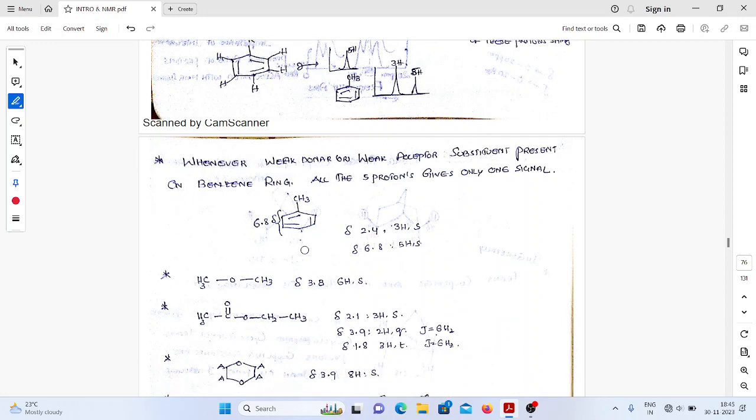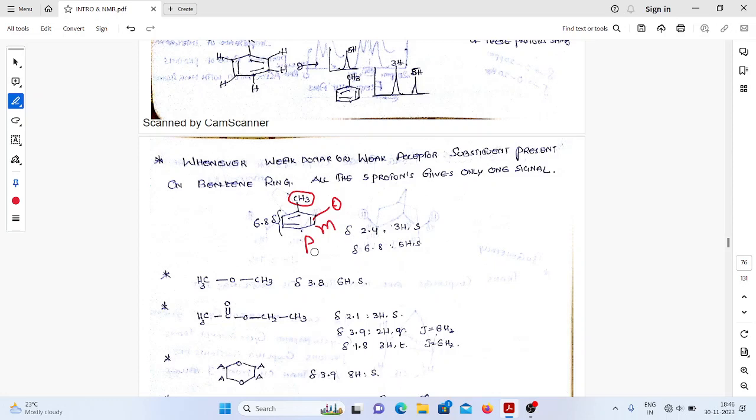Already we discussed that in case of the mono-substituted benzene, we are getting 3 types of protons: ortho protons, meta protons, and para protons. Here what the people are saying: whenever you have weak electron releasing groups or weak electron withdrawing groups, the instrument cannot recognize ortho, meta, para protons separately. They will consider all 5 protons in the same environment.